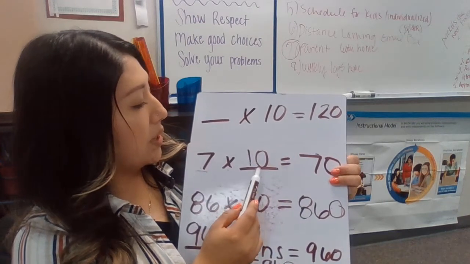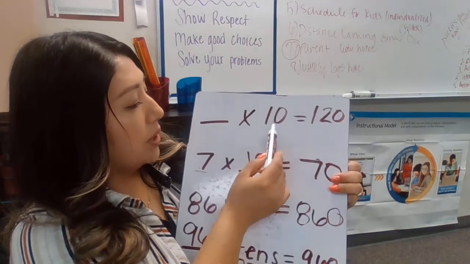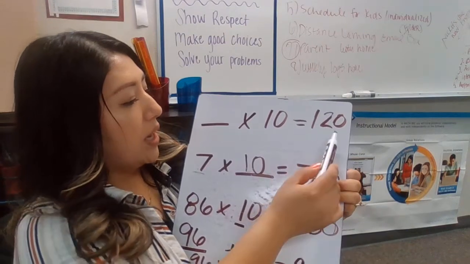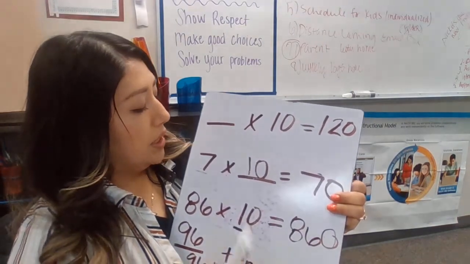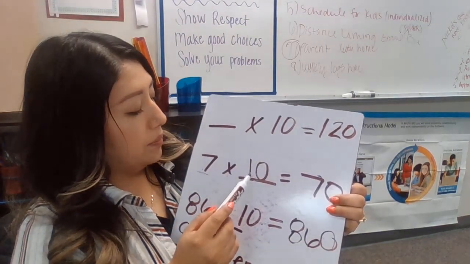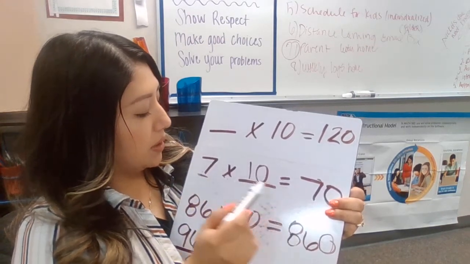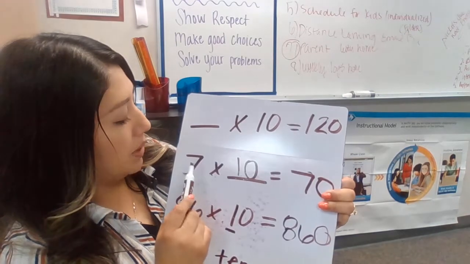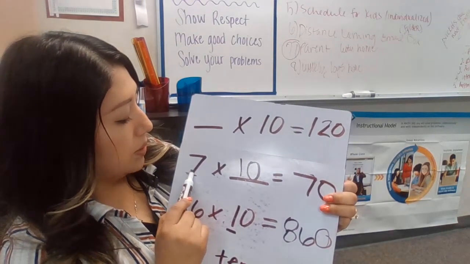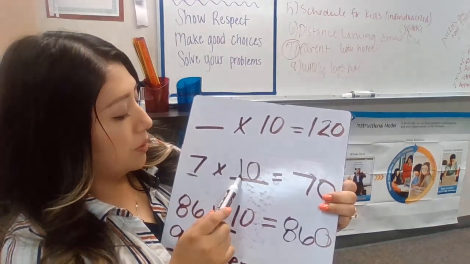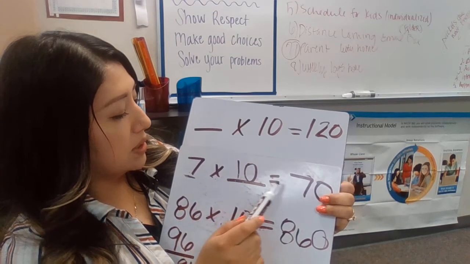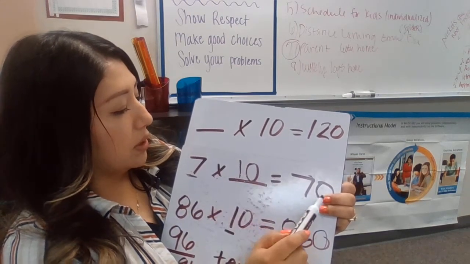Well, we knew it was 10, right? In this case, here we already have the 10, and we have the answer. And we knew here that in order to know that 7 times 10 equals 70, we could go back and check our work by multiplying this number by the 1. So 7 times 1 gave us 7.